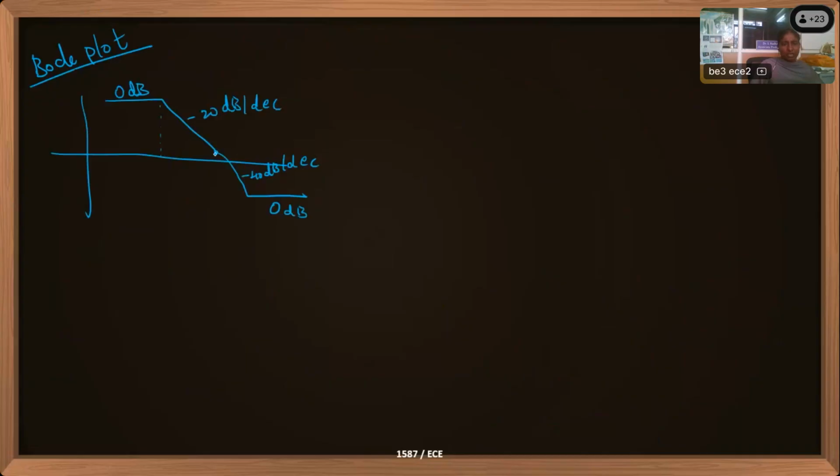Here they may give the corner frequencies where the changes are happening. Let the corner frequencies be 0.1, 0.7, and 0.9, something like that. These are corner frequencies on the x-axis. Now write the transfer function. We have already done such problems in the regular class, and I have also given you the materials, so kindly check the procedure.